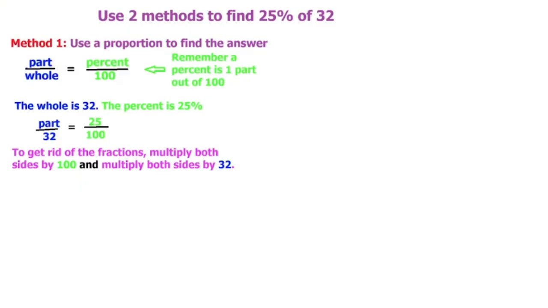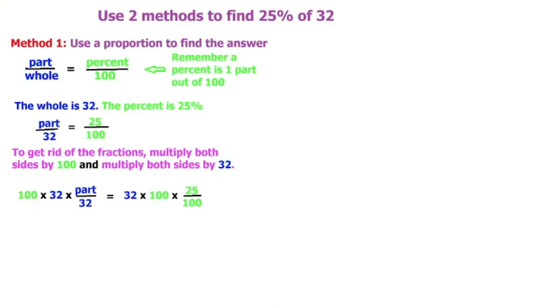So how does that look? It looks like this. So you multiply this part of the equation by 100 and 32 and this part of the equation by 100 and 32 as well. Doesn't matter what order you put them in, okay? Now you cross out the numbers that cancel each other out.